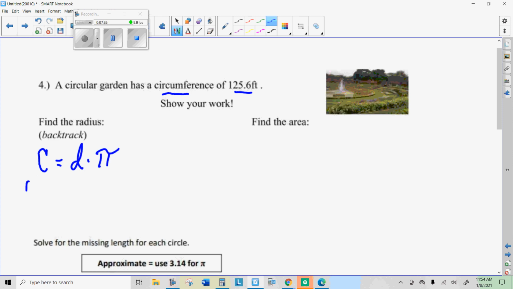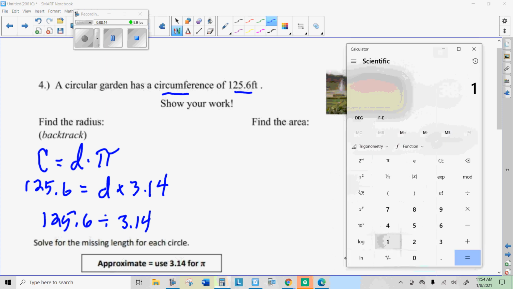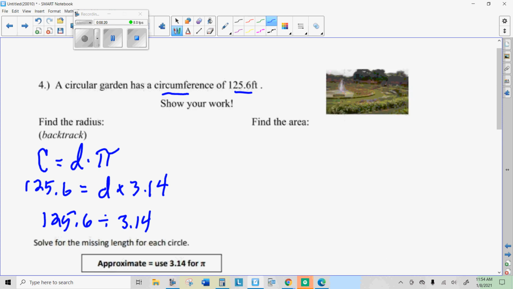So 125.6 equals the diameter times 3.14. Now, to find that missing thing, we need to work backwards. We need to do 125.6 divided by 3.14. And that equals 40. So our diameter is 40.